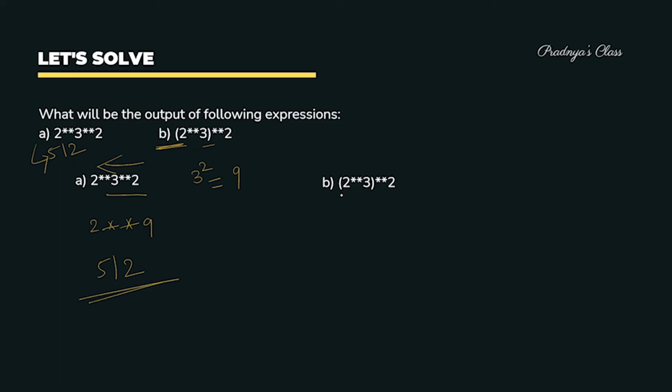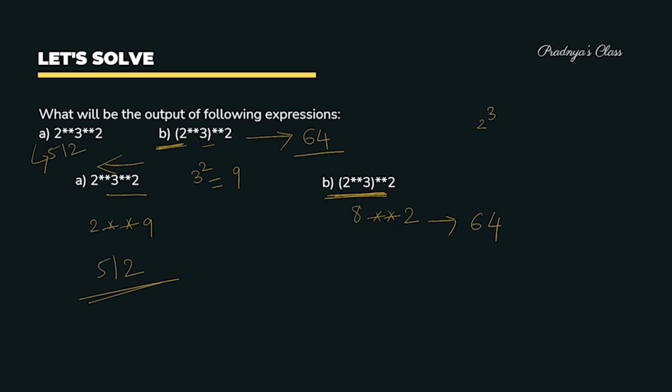So what will happen now? First, the terms in the brackets will get calculated, which is 2 cube, and 2 cube is 8, and we have again the exponentiation operator 2. Now this term will get evaluated into 64. So the expression B is getting evaluated to 64.